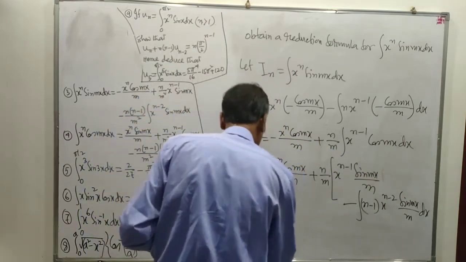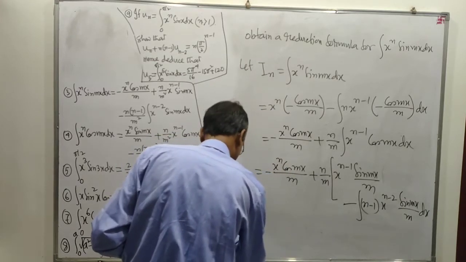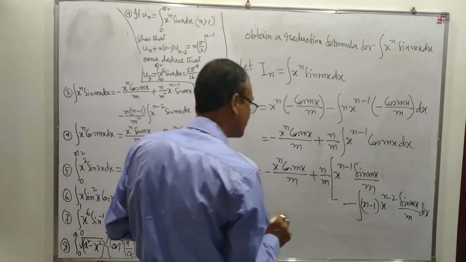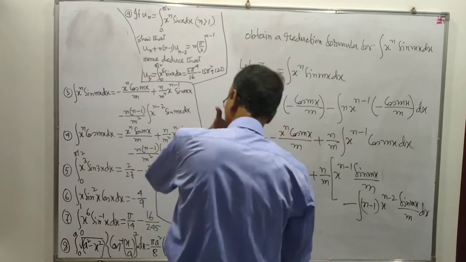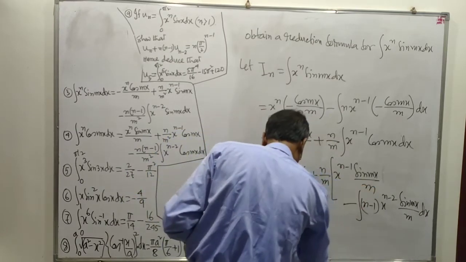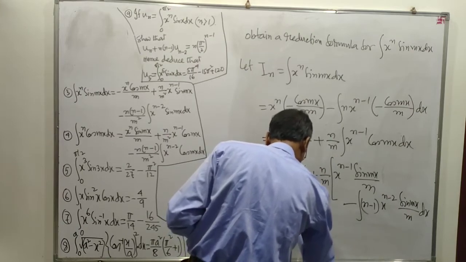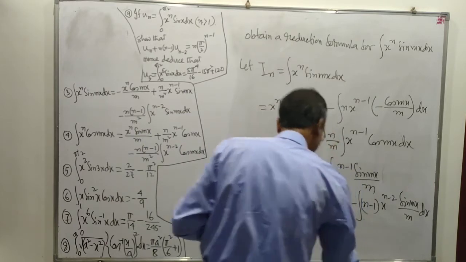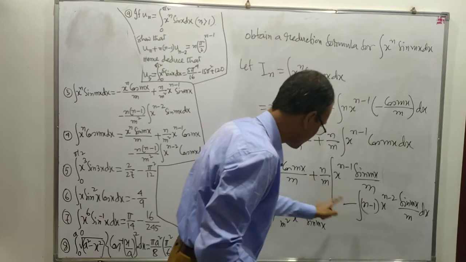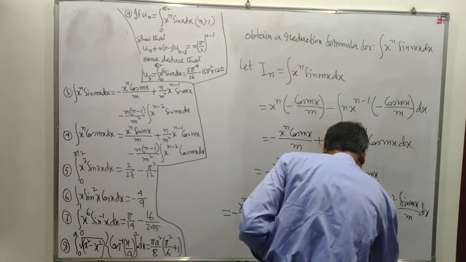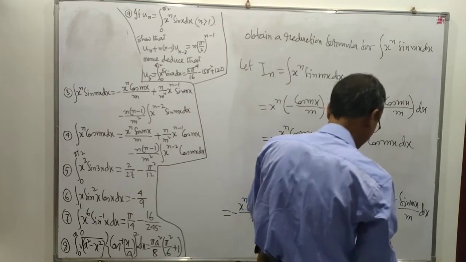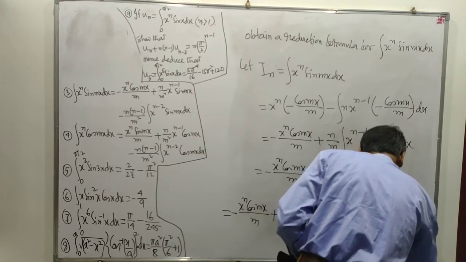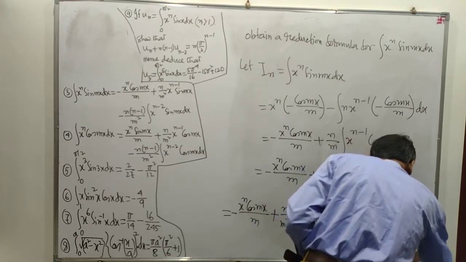Now see, this is equal to minus x to the power n cos mx divided by m plus n by m into m, n by m square x to the power n minus 1 sin mx, minus n into n minus 1 divided by m square, integral x to the power n minus 2 sin mx dx.